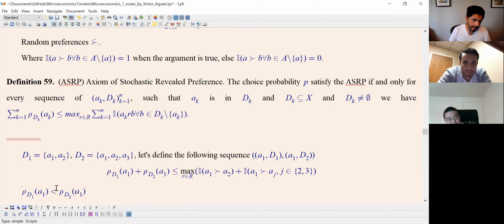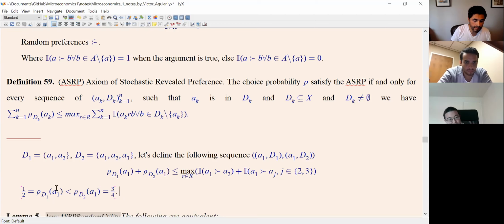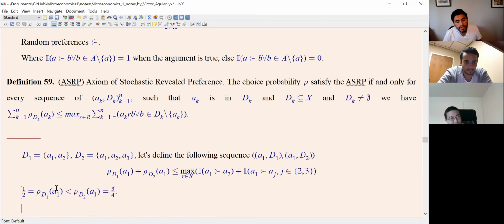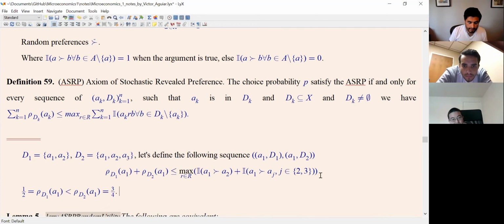So in fact, let this be 1/2 and this thing be 3/4. Okay. So this breaks regularity, right? Now can you verify, using this thing that I wrote, that this object will violate this inequality?